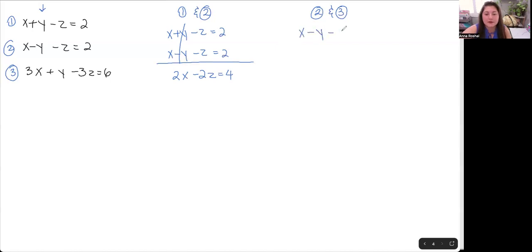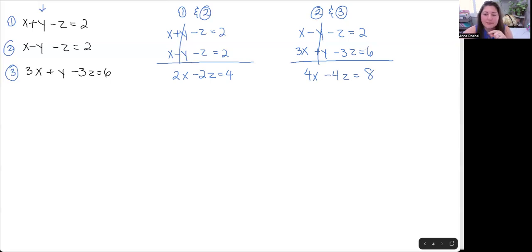And in here, I never thought that my eyes would hurt so much by moving them back and forth so frequently to make sure that I'm writing the right numbers down, or I guess the right letters also. Okay, so in here, again, the y's will cancel because I have 1 positive, 1 negative. And I'm going to be left with 4x minus 4z equals 8.